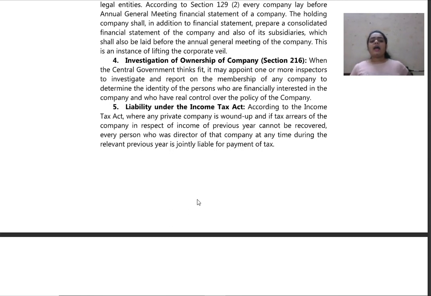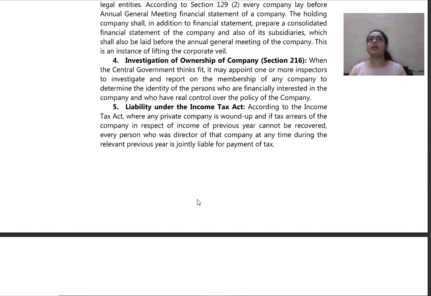What does this mean? According to the Income Tax Act, if a private company is getting wound up, in that case the tax arrears of the company, anything related to tax, remaining for the previous years, which has not been paid and which the company is unable to recover, all the directors of the private company who were there during the previous year shall be jointly liable for the payment of tax, because the government will not take any losses because of the public.